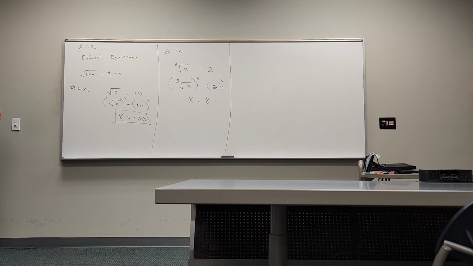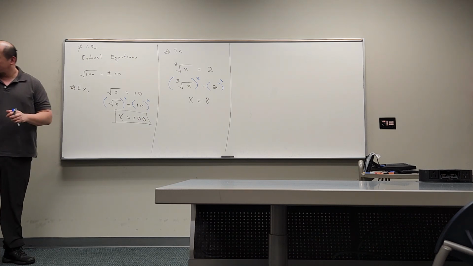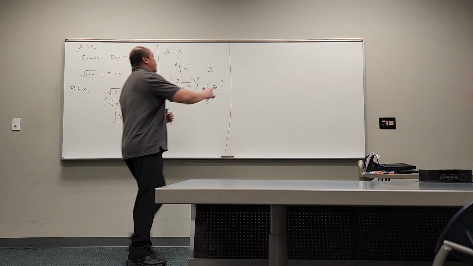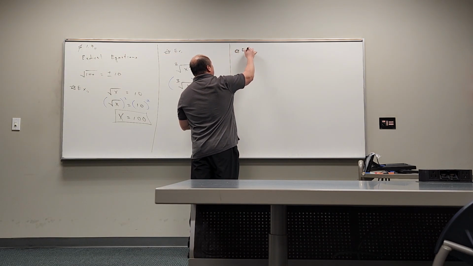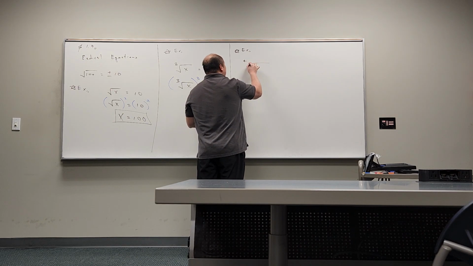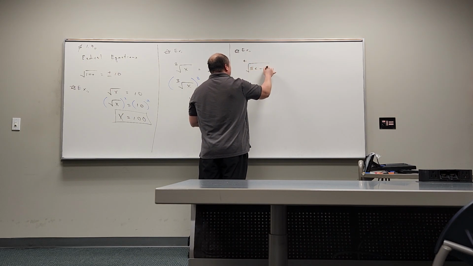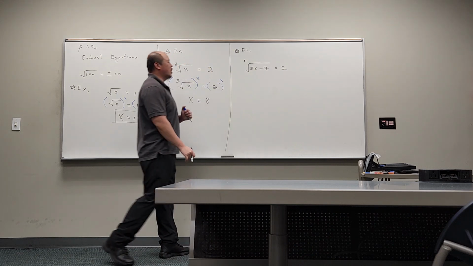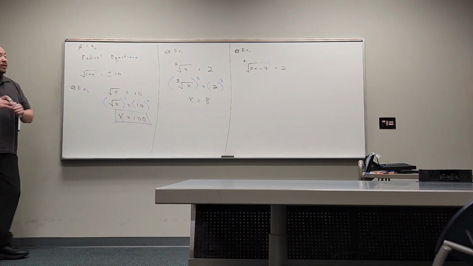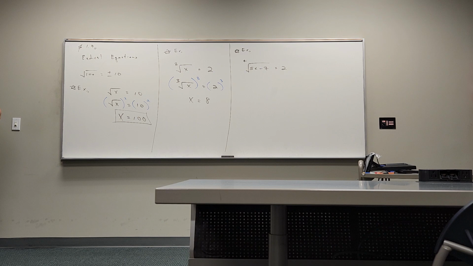So the issue is, what if you got something a little bit more tricky? For example, let's say you got the fourth root of 5x minus 7 equals 2. You're like, wait a minute, there's a lot of stuff going on inside the radical. Well, that's okay because you apply the same principle. You have a fourth root this time, and we want to get rid of it.